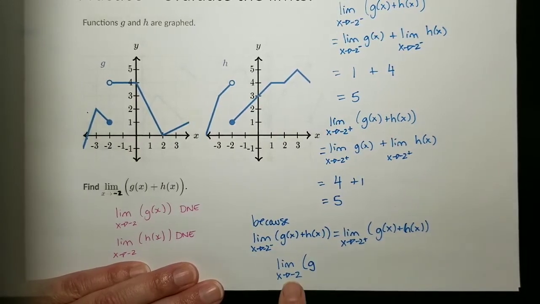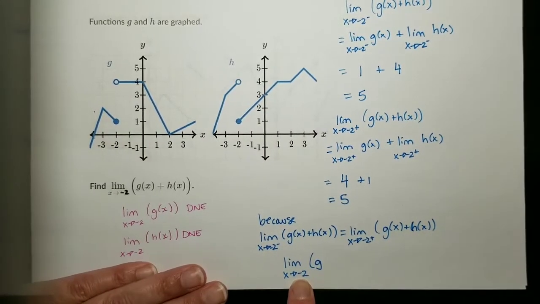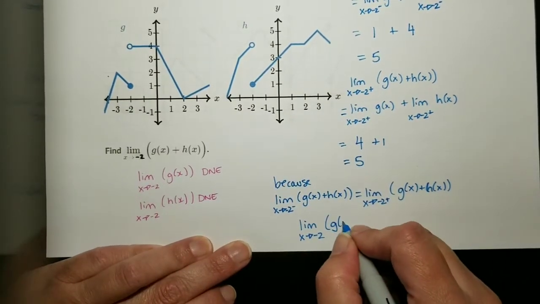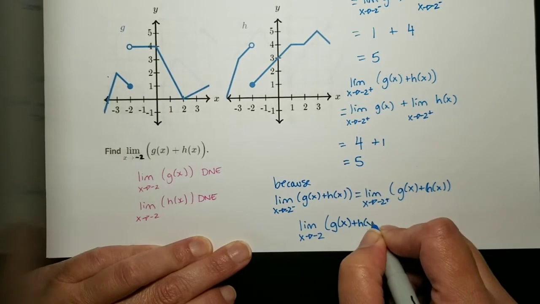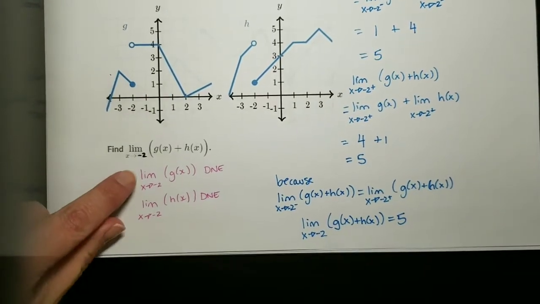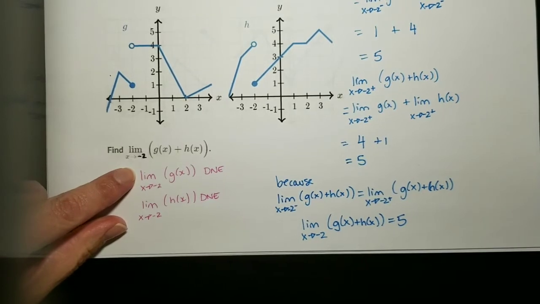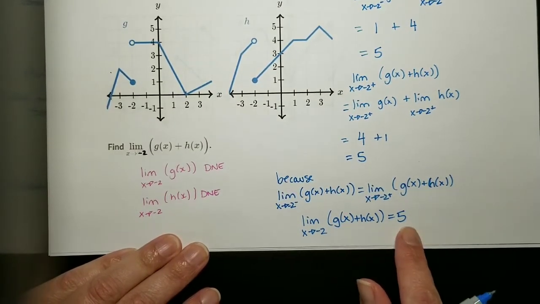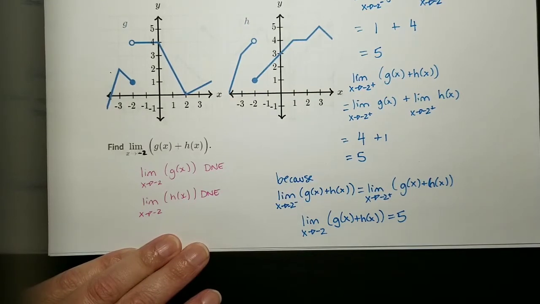So the limit as x approaches negative 2 just overall, not from the right or the left, of g at x plus h at x equals 5. So even though their individual limits might not exist, it is possible to have the sum of the two functions. That limit may actually exist.